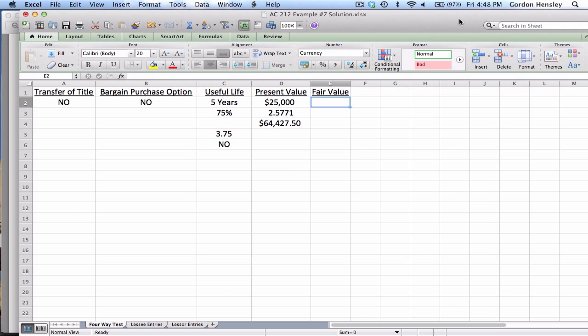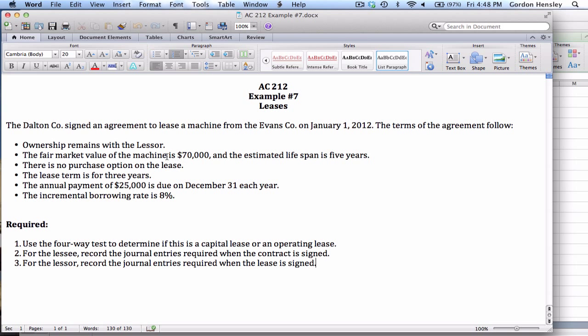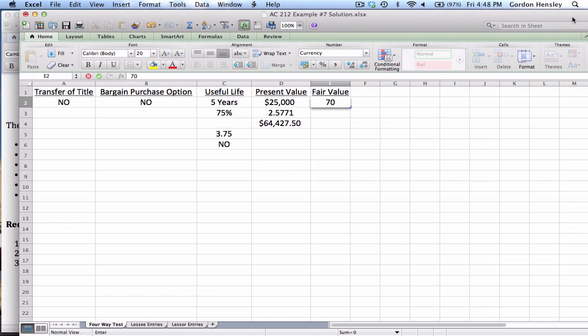Now that has to be in relation to the fair value. We want 90% of the fair value. That's the rule on our test. What's the fair value of this asset? Well, the fair value, $70,000. So that's the fair value. Now remember, test number 4 is based on 90%. So 70,000 times 0.9 is 63,000.